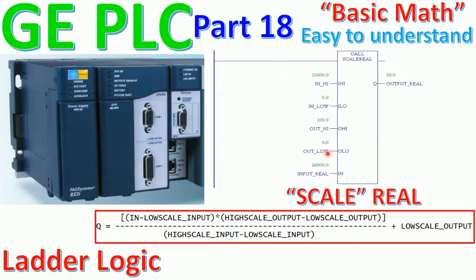But for real value, we don't have it. So we need to create the scale for real value. For example, the input is a real value and the output is a real value also. So we need to create it, right?